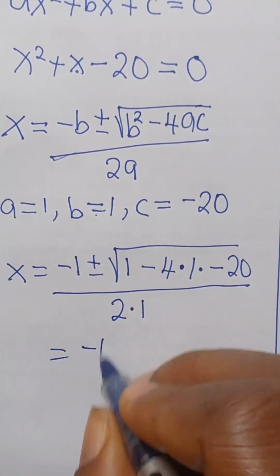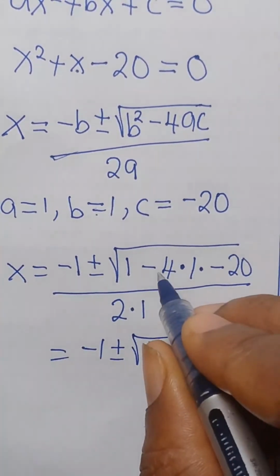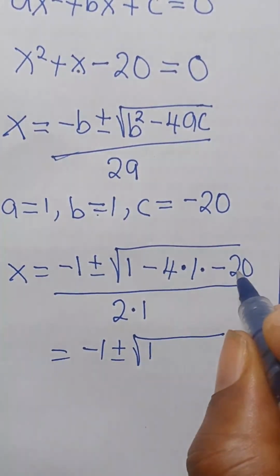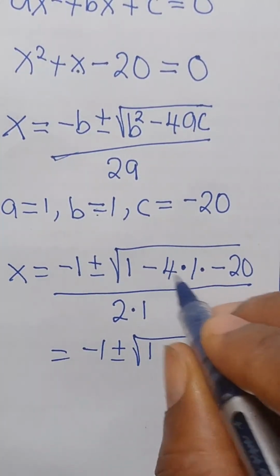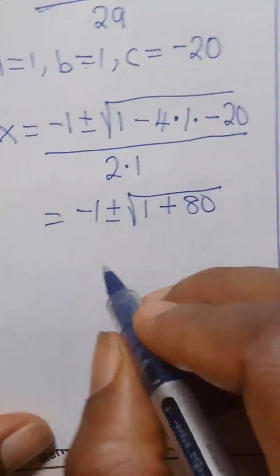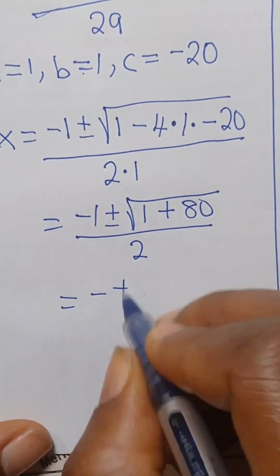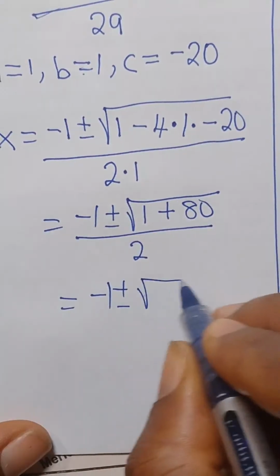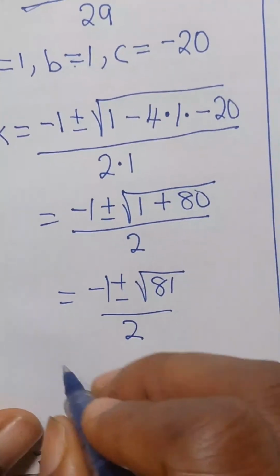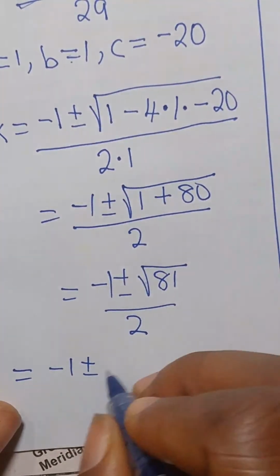So this is minus 1 plus or minus the square root of 1 plus 80, since minus 4 times minus 20 is plus 80, all over 2. That is minus 1 plus or minus the square root of 81, all over 2.